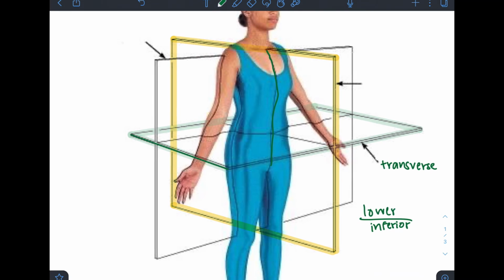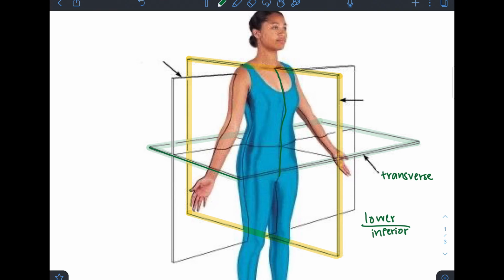If you visualize this in the sense that this line gets pushed back, we're going to notice that this line is going to be exactly on the midline of the body. And that's going to be really important because this is the plane that divides us directly in half, according to the midline, so directly into the left and the right portions.